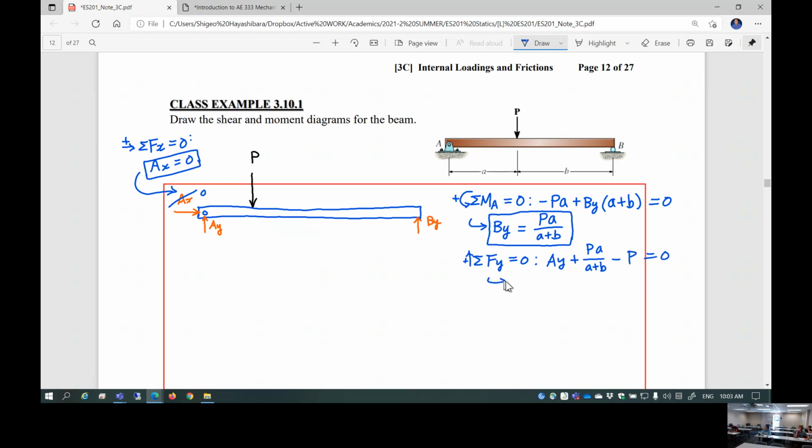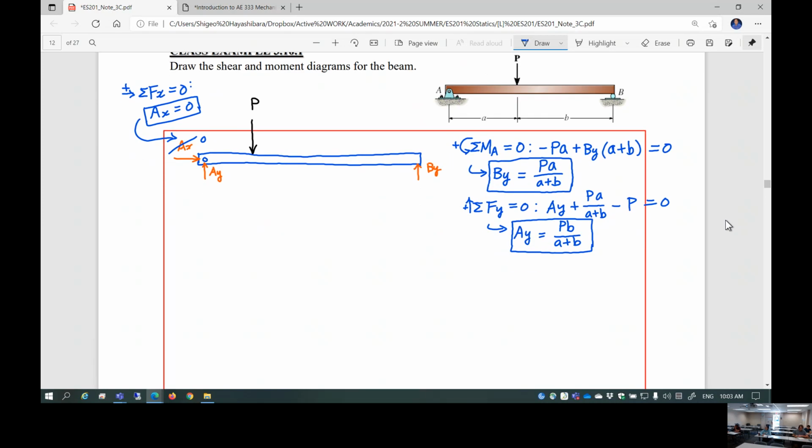So this gives you AY, which is P times B divided by A plus B. So these are support reactions AY and BY represented by the magnitude of external loading P and distances A and B. Okay, those are the support reactions. Good. That's the first step.